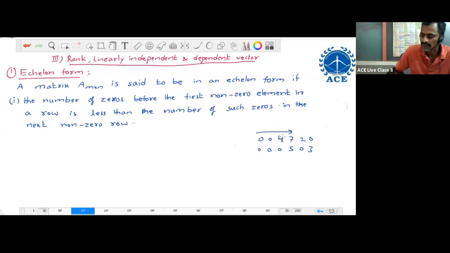We have two zeros. If we have two zeros in the first row, to satisfy the less than condition, in the next row we should have more than 2 only. More than 2, that may be 3, 4, 5 like this.